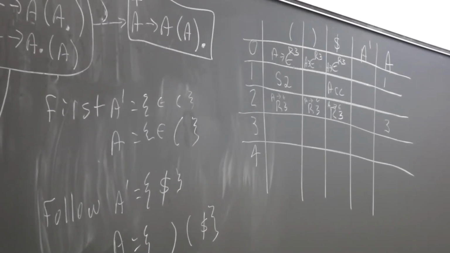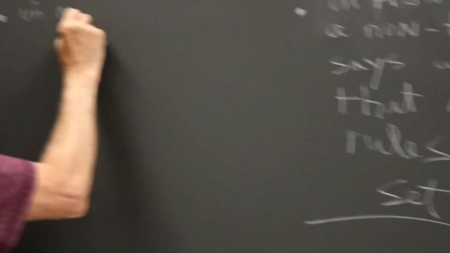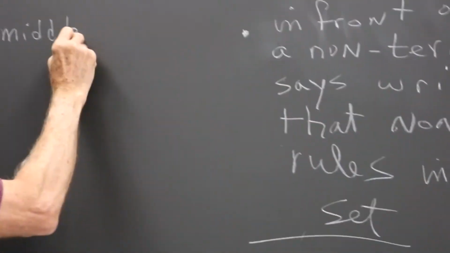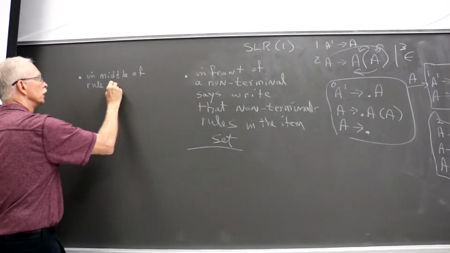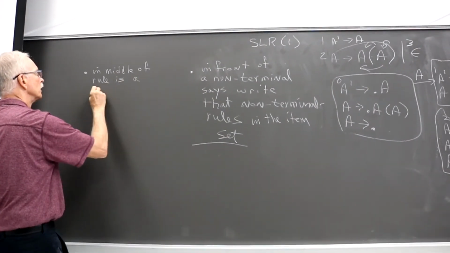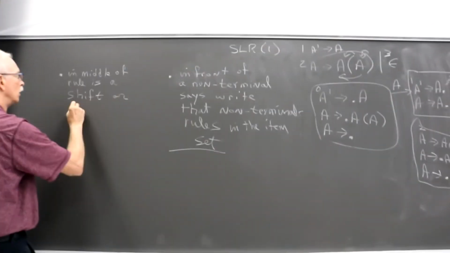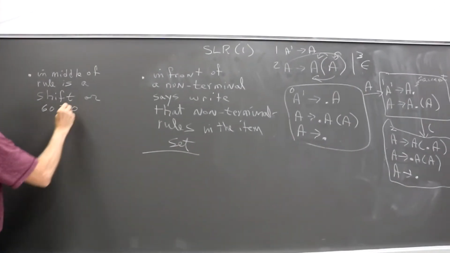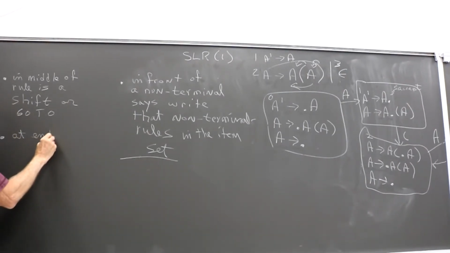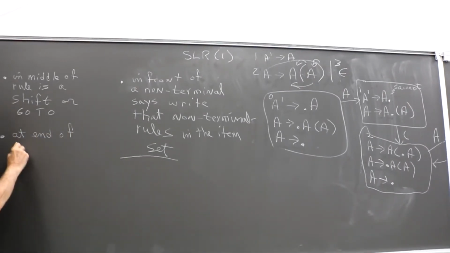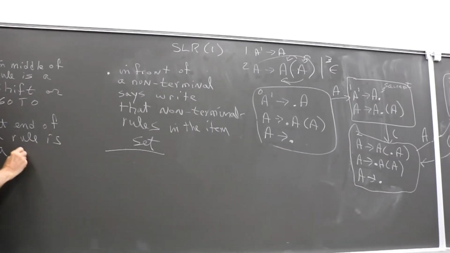I wrote this Tuesday, I think. Period in the middle of a rule is a shift or go to. Period at the end of a rule is a reduce.